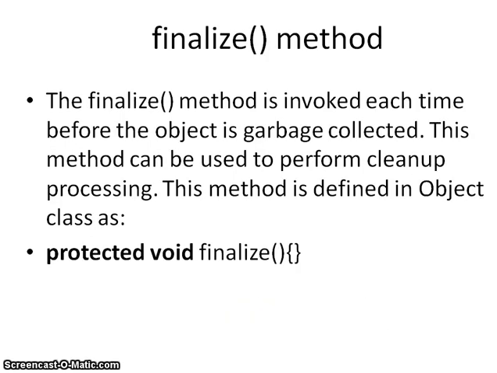One more method is the finalize method. The finalize method is invoked each time before the object is garbage collected. It means whenever Java starts to collect the garbage, it executes the finalize method. This method can be used to perform cleanup processing.